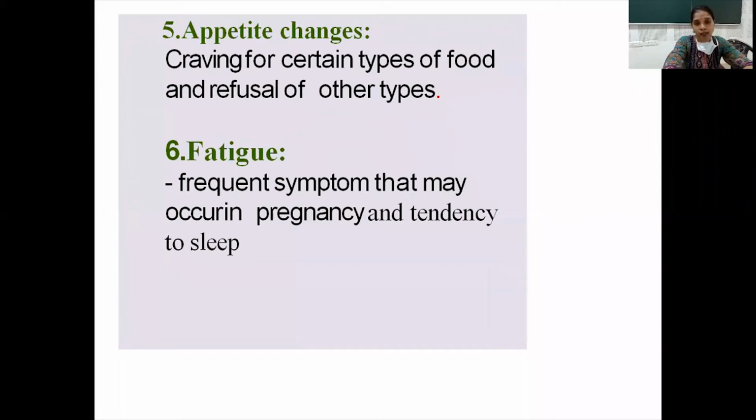They crave some types of foods which are not edible also, that is pica. Another frequent symptom that may occur in pregnancy is fatigue, easy fatigability, and a tendency to sleep. But if the fatigue is not relieved with rest, or is associated with breathlessness, we need to check for anemia. Is there any hemoglobin deficit?